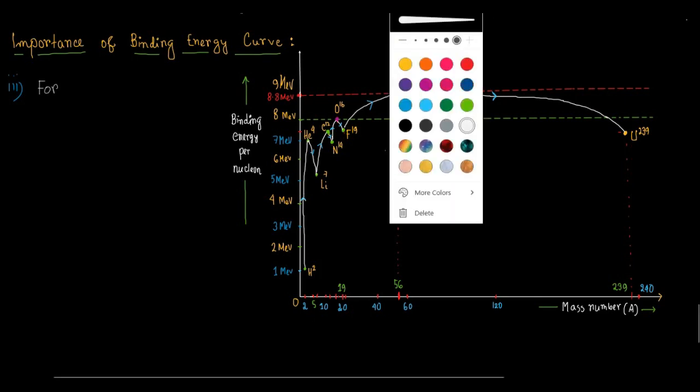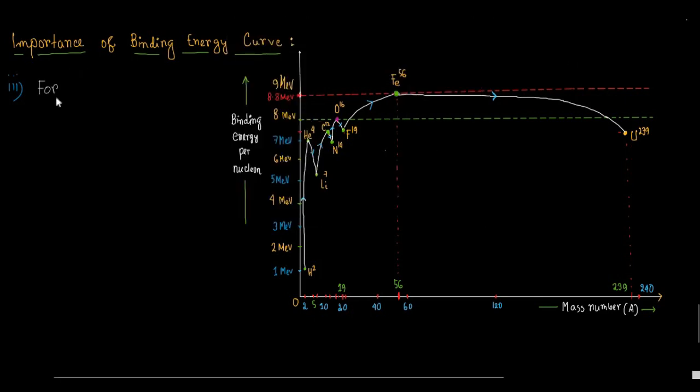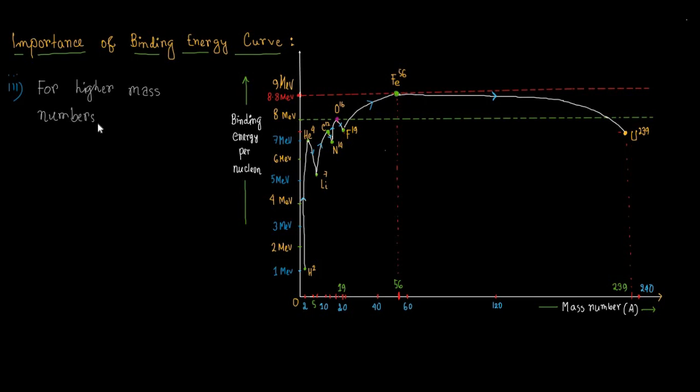For elements having high mass numbers, the curve reduces slowly.